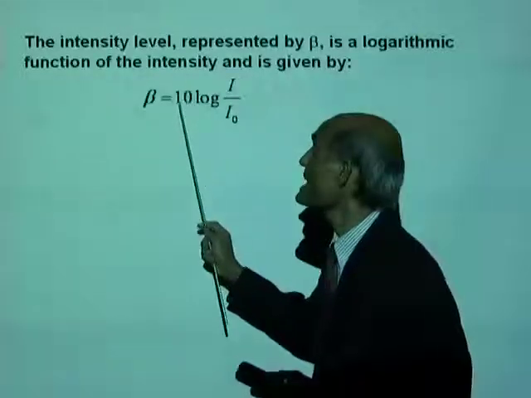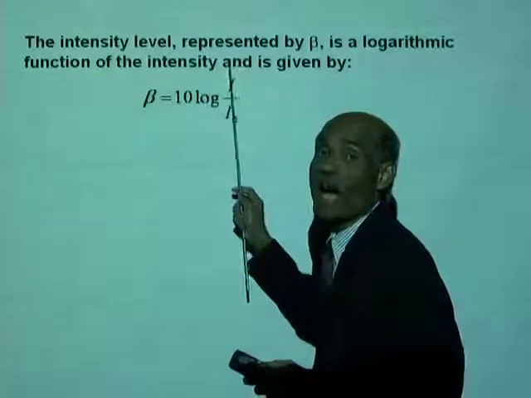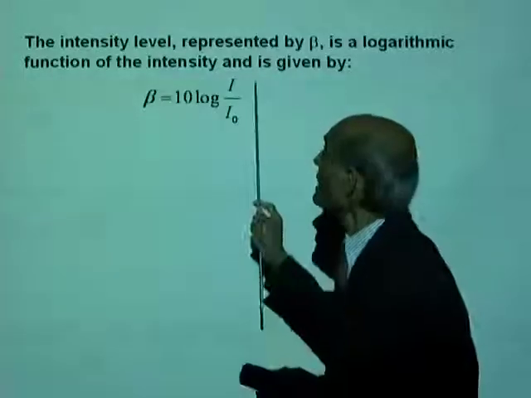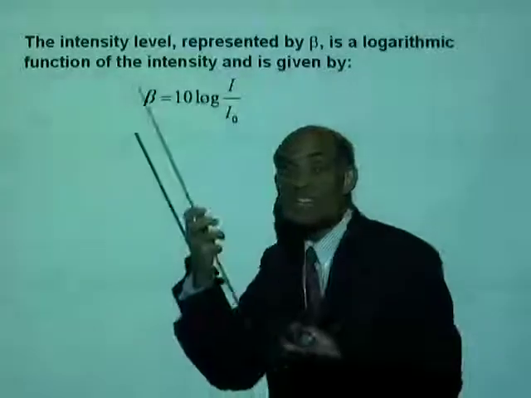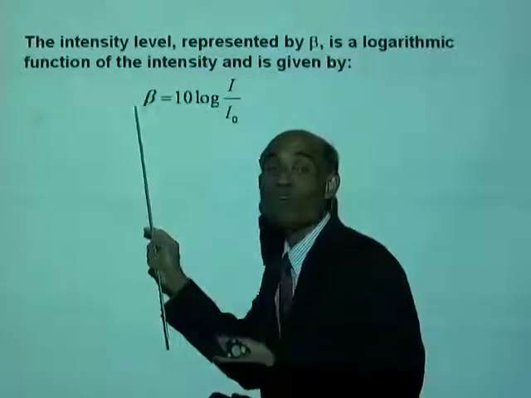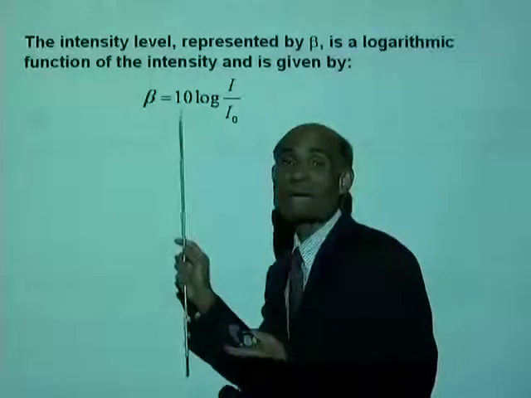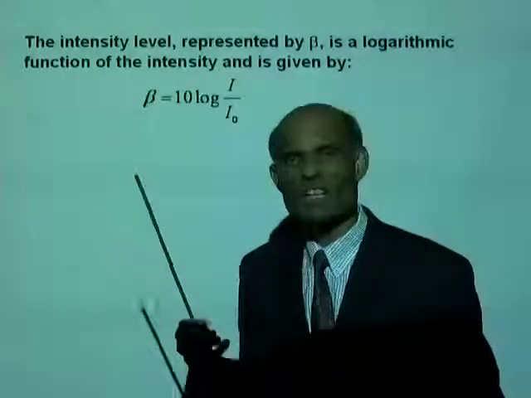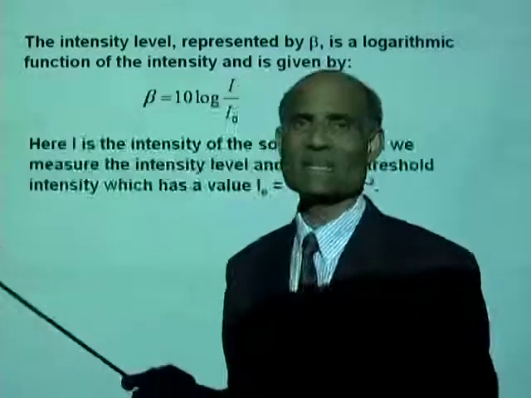Beta equal to 10 log I over I0, where I is the intensity of the sound whose loudness we want to find, whose loudness is beta, and I0 is what is called the threshold intensity.